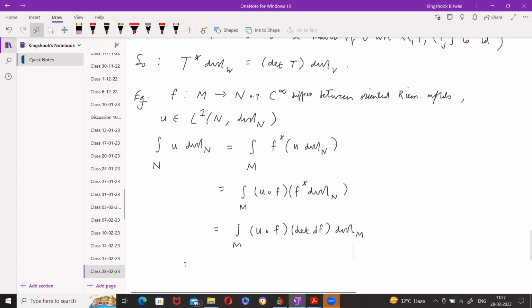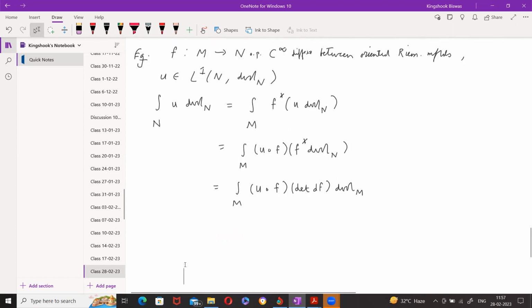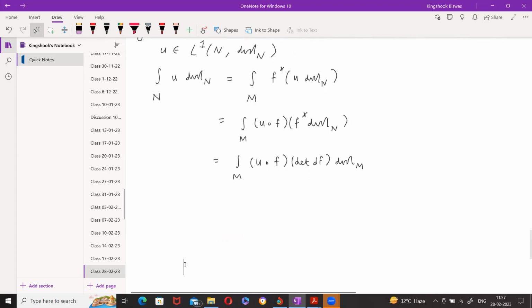All right, so now I want to talk about what's called the gradient of a smooth function on a Riemannian manifold, the gradient vector field. So M is a Riemannian manifold.